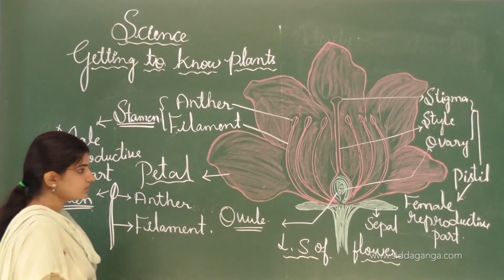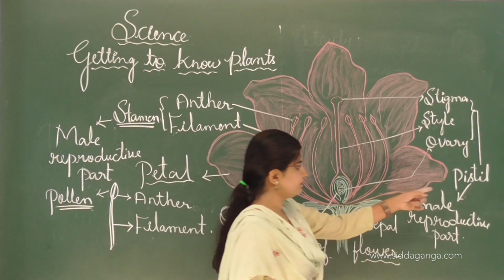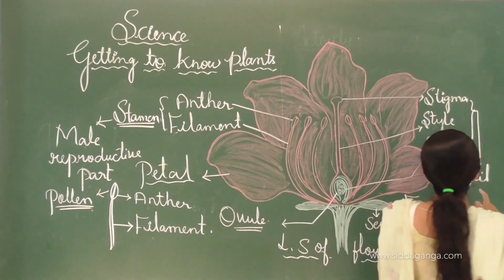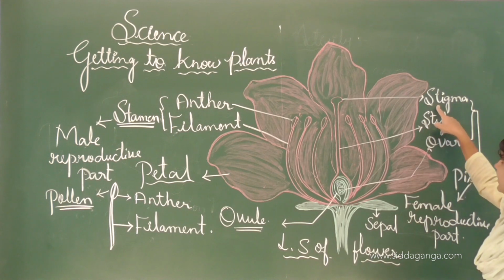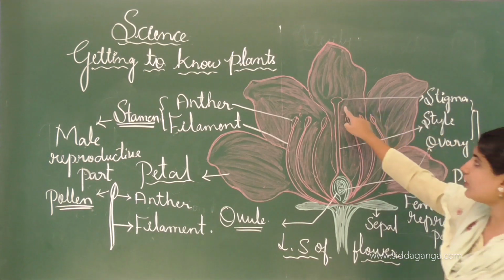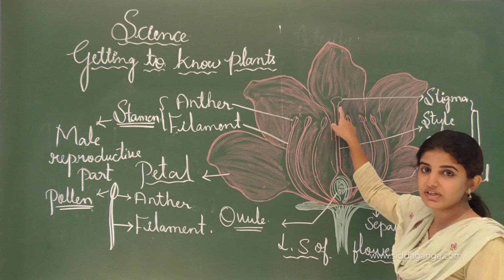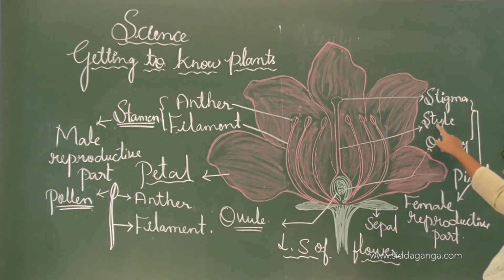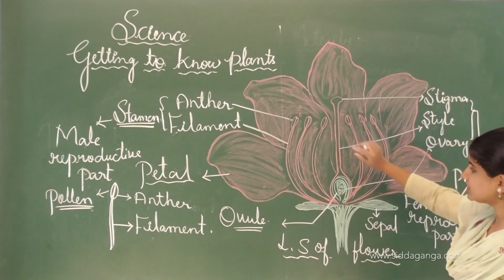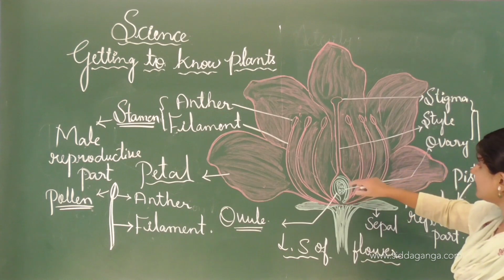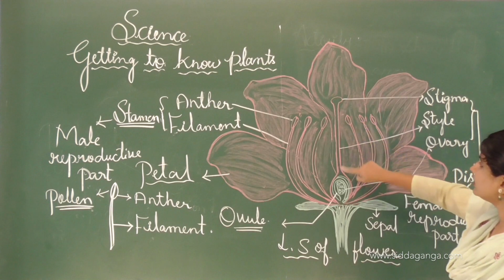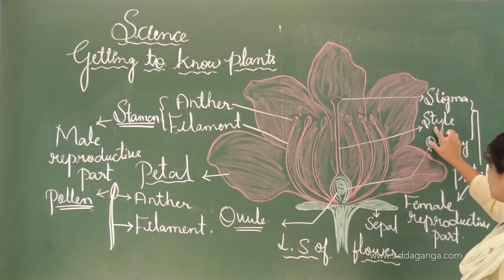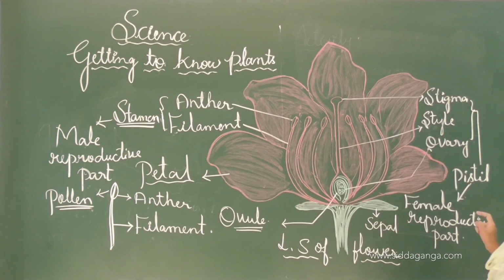And next one is the pistil. Pistil is the female reproductive part of a flower which is divided into stigma, located at the top part of the pistil, and the style, a long tubular structure which comes out from the ovary. Above the ovary, a long thin structure is present, and that we call the style.